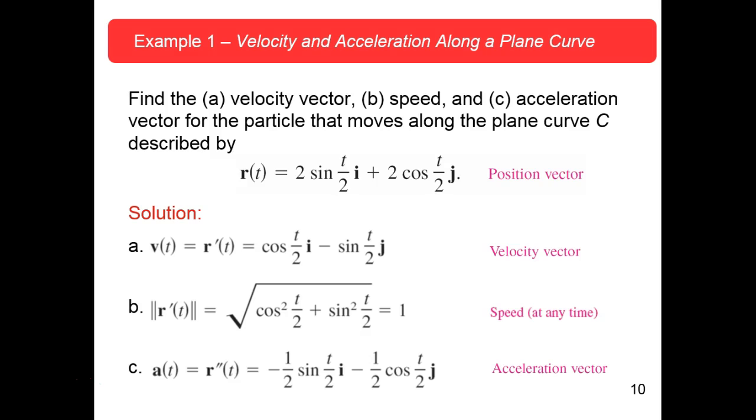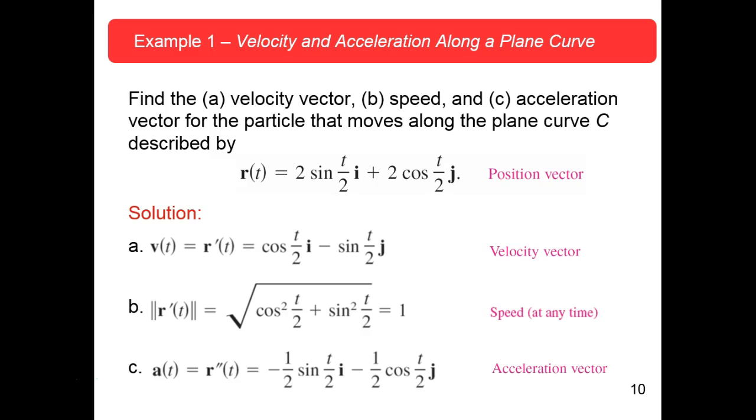Now, when you see a constant speed and you've got motion going along, and that constant speed is 1, there's a real good chance that you're moving in circular motion. That's exactly what this is describing.